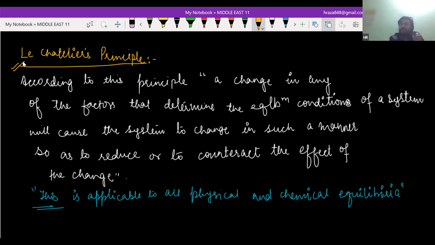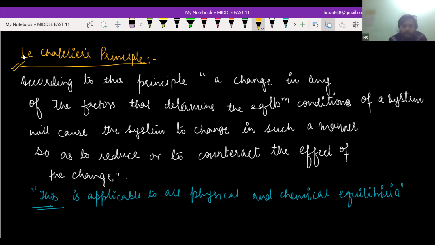The system adjusts itself in such a manner that it reduces or counteracts the effect of the change.